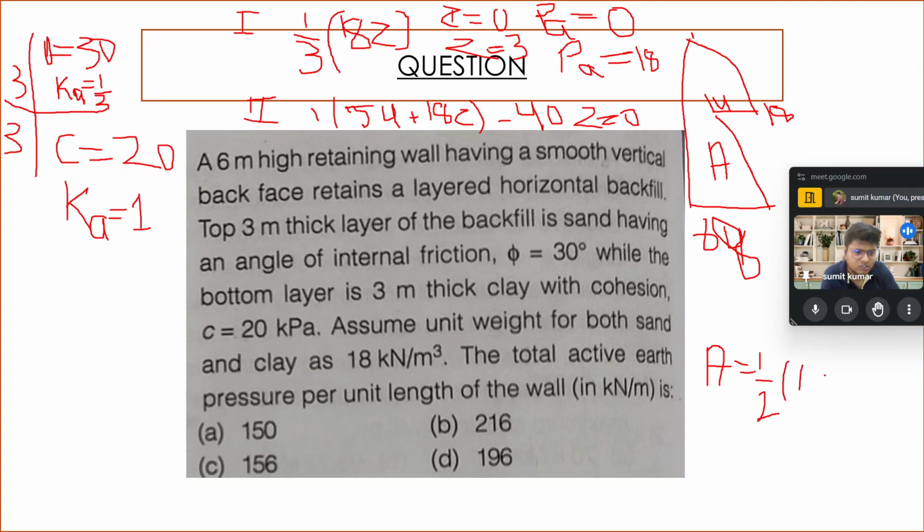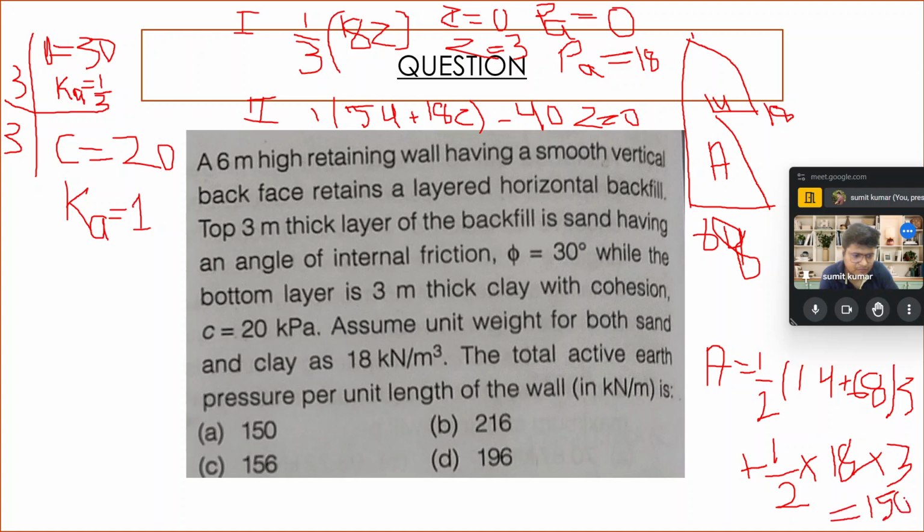So the sum of parallel sides is going to be 14 plus 68 into distance between them, which is 3, plus 1 by 2 into 18 into 3. I'm writing with a mouse, so my handwriting is not that correct, but I think the understanding will be clear for everyone. And this value is going to be 150. When you calculate it, you will get 150. I have calculated by myself at this point of time, so I think things will be clear.